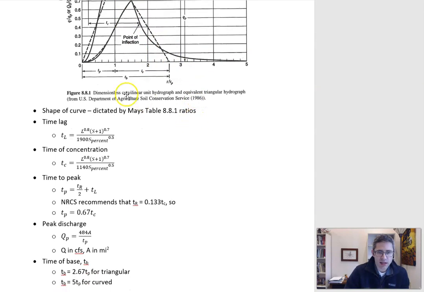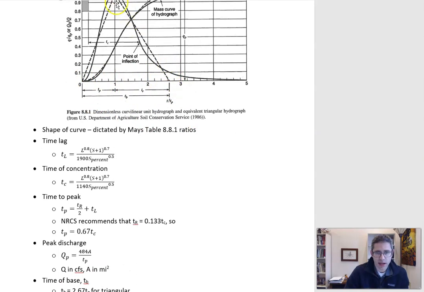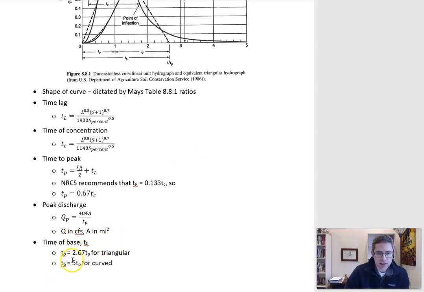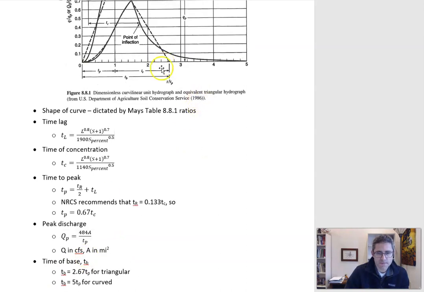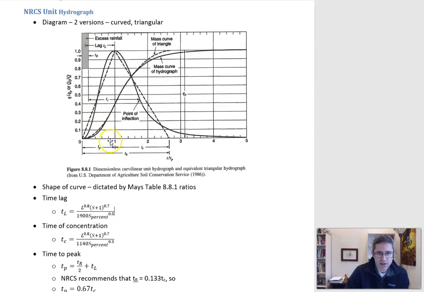And then the last thing I need to know is my time to base, this whole distance from here to here. Once I know how far that is, I get this point and I can draw that straight line. Time of base is 2.67 times the time to peak for triangular, or 5 times the time to peak for curvilinear. So you can see in this case, our time to peak is 1. So our curve ends here at 5. The triangular ends at 2.67.